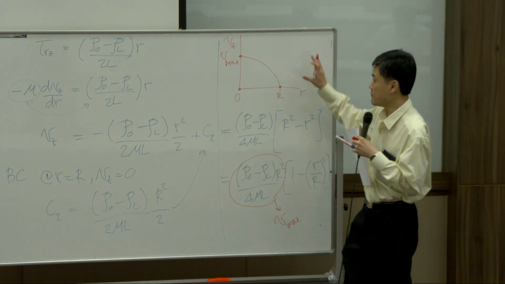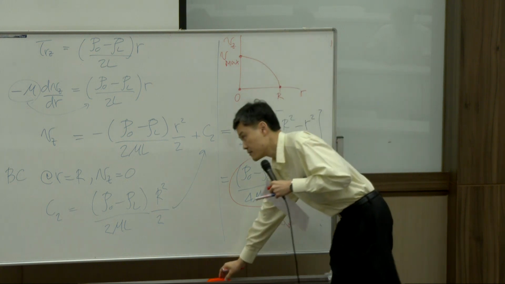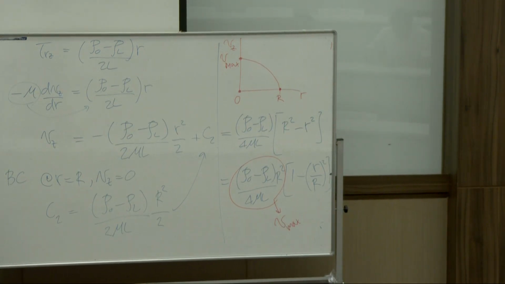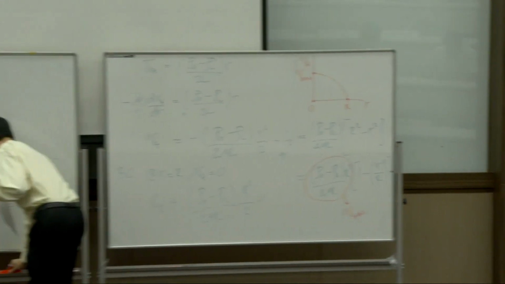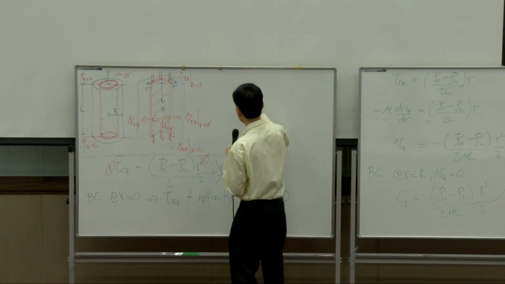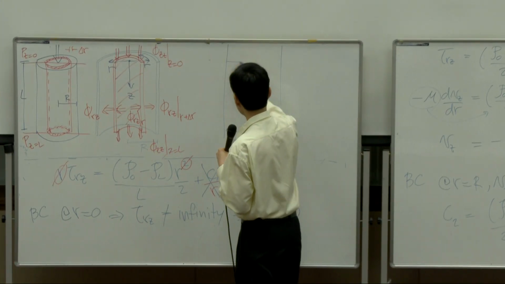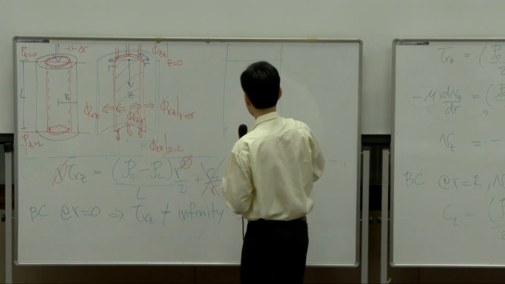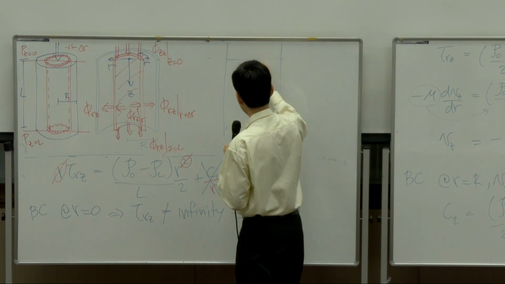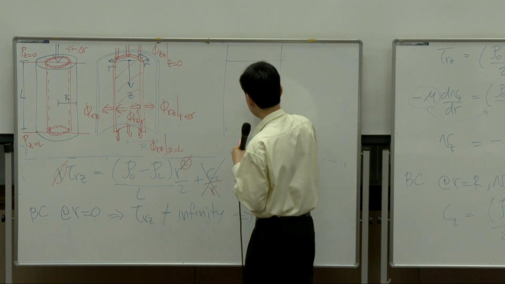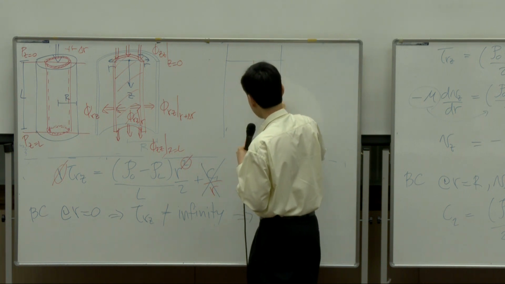If you map this picture into the system, if you draw this system, this line. At r equal to 0, velocity is maximum. This is Vmax.